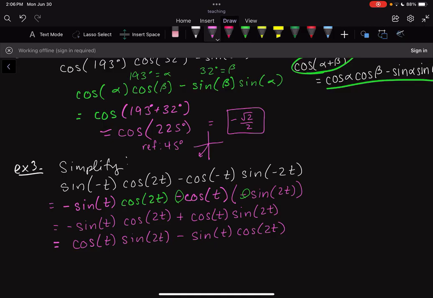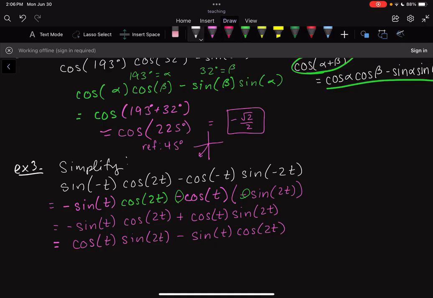So then I would go to what you guys will have as an identity sheet, and I'll try to figure out if this looks more like a cosine or a sine identity, and then I'll decide is it sum or is it difference.